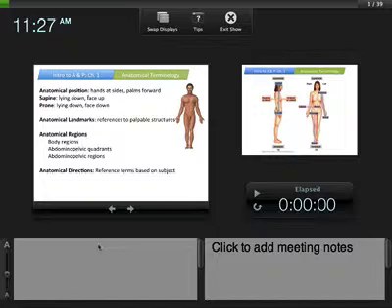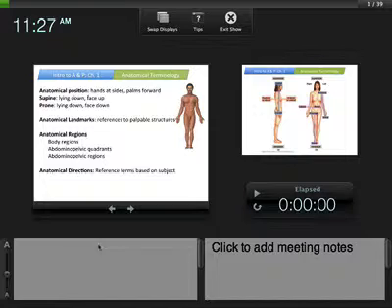We need the language to be able to convey very specific, concise meaning. And so that's what I'm going to give you today. I'm going to give you the language that you need to be able to understand anatomical discussion.